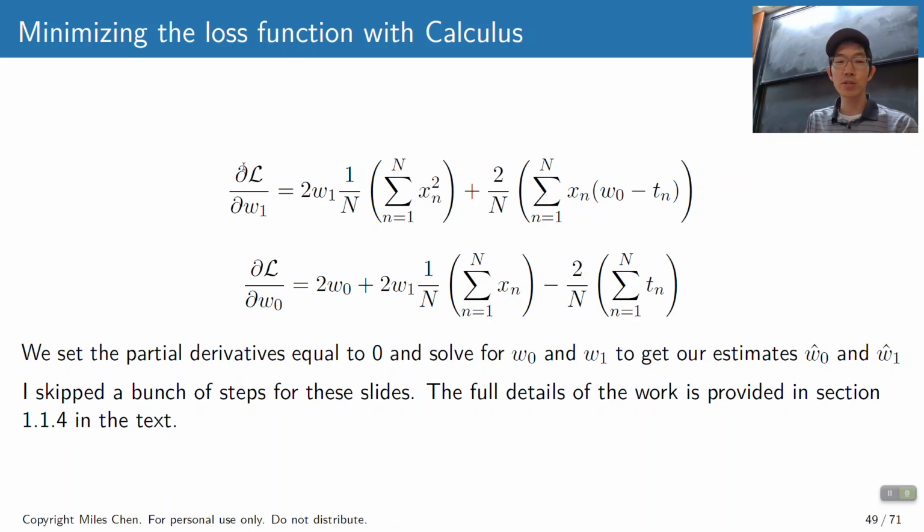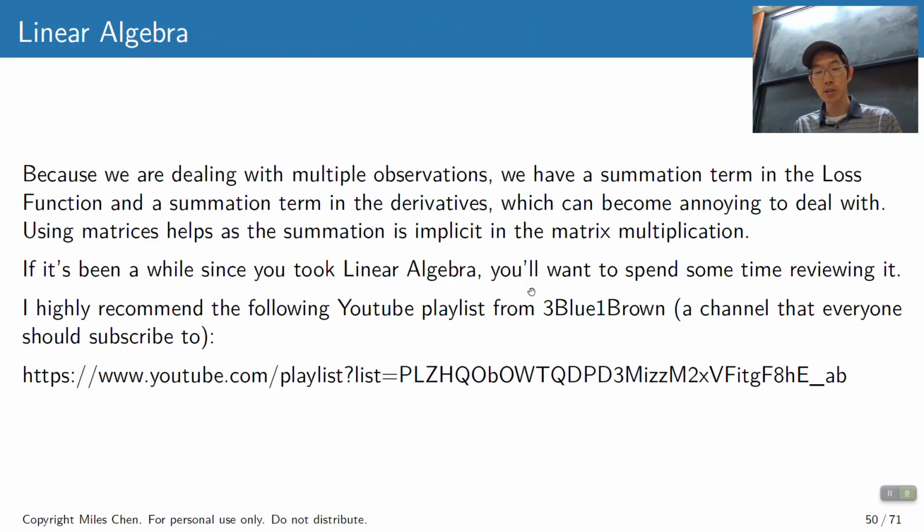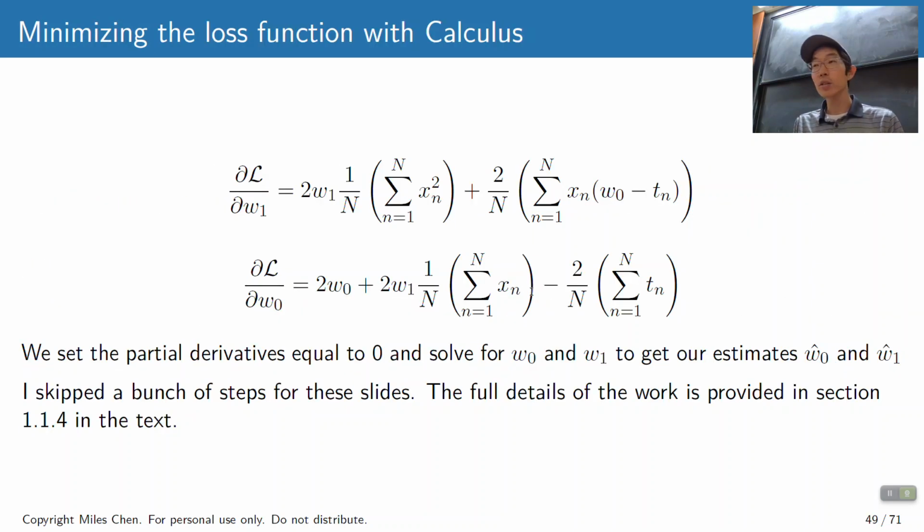If you do the partial derivative with respect to w1, you get this. Partial derivative with respect to w0, you get this. You set these equal to 0 and solve for w0 and w1 to get your estimated slope and estimated intercept, and they follow your classical formulas. I skipped a bunch of these steps. You can look in your textbook for the details, or probably past notes from another class.